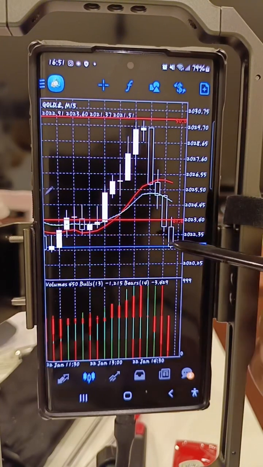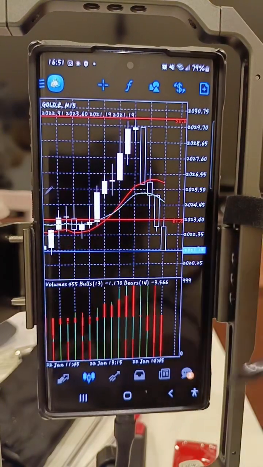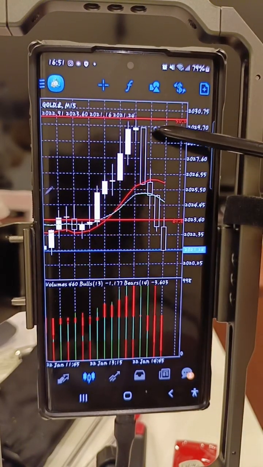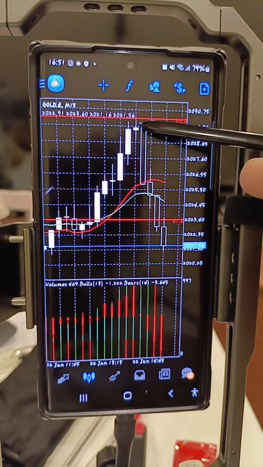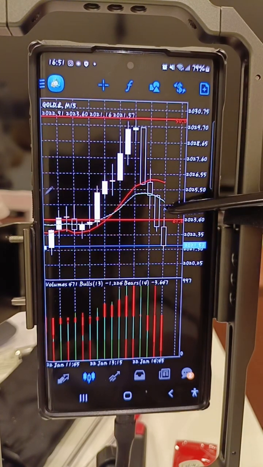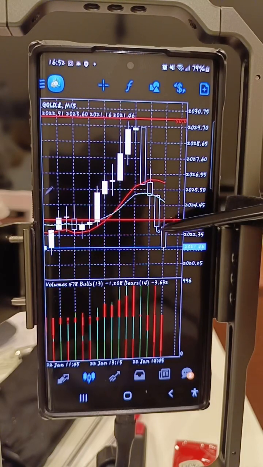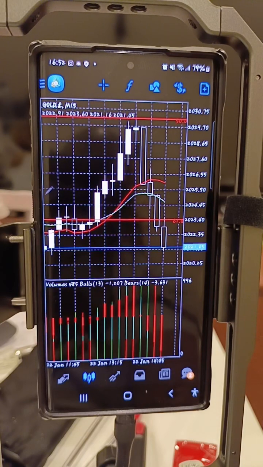You can see that it comes up and tests the 61.8 on the 15 minutes here. So it's selling off at 50. Nice reaction, it comes and tests the 20 MA and it goes down. So you can see here also gold is doing a nice selling off.